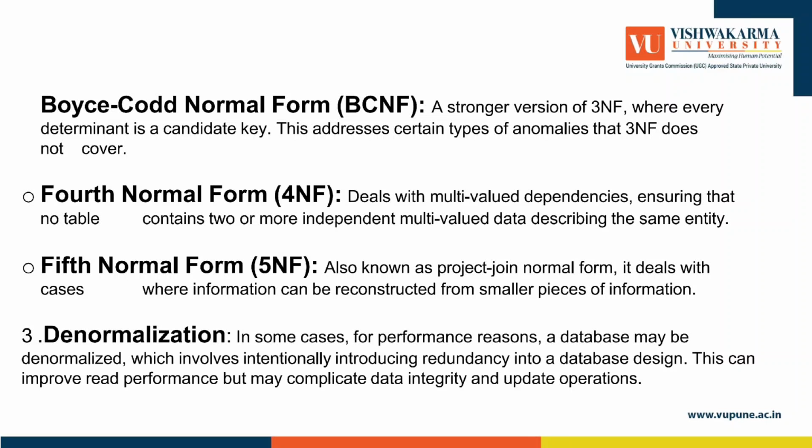Boyce-Codd normal form, BCNF, a stronger version of 3NF where every determinant is a candidate key. This addresses certain types of anomalies that 3NF does not cover. Fourth normal form, 4NF, deals with multi-valued dependencies, ensuring that no table contains two or more independent multi-valued data describing the same entity.